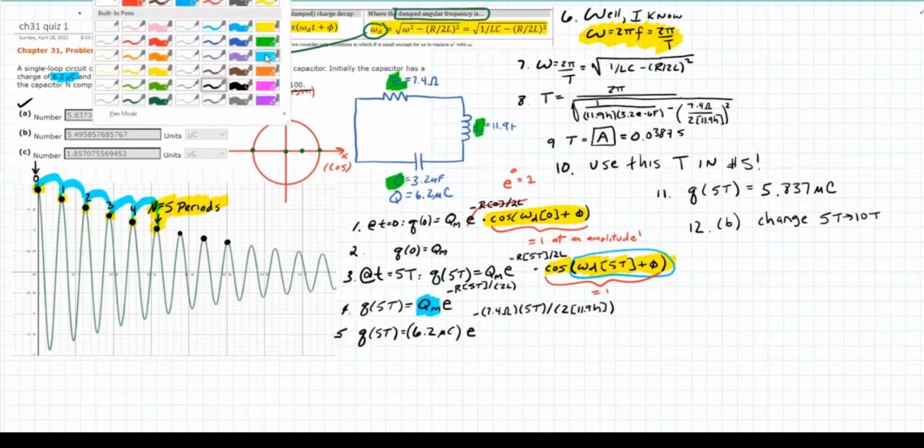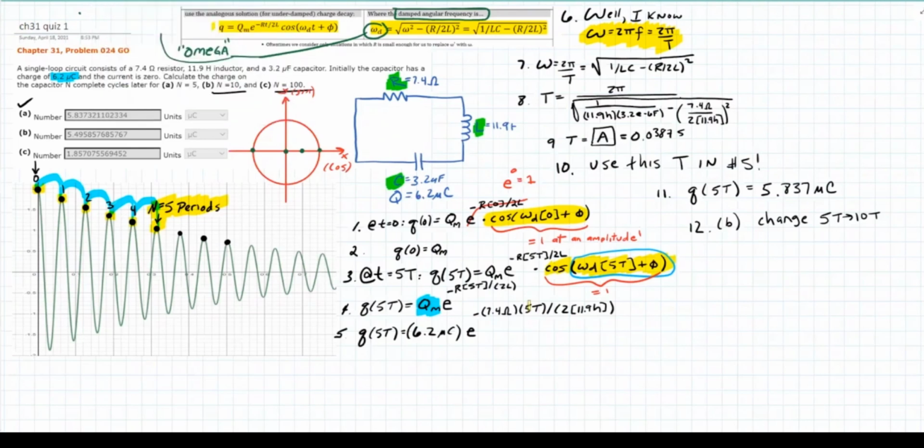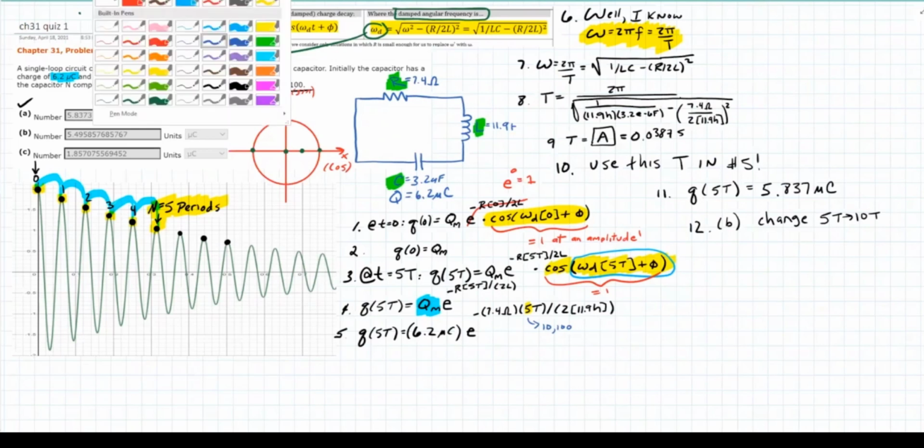So parts B and C should go super quickly. Everything is going to be a redo, except you're going to change that from 5 bounces to 10 bounces and then 100 bounces for part C. And what we want to see is that every bounce takes away some energy. With every bounce, we lose some energy. So I'll leave it at that and give you some time.